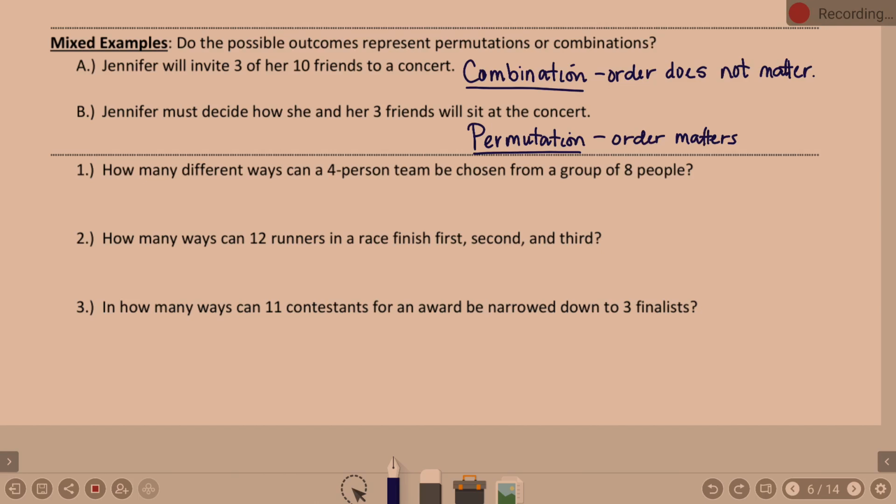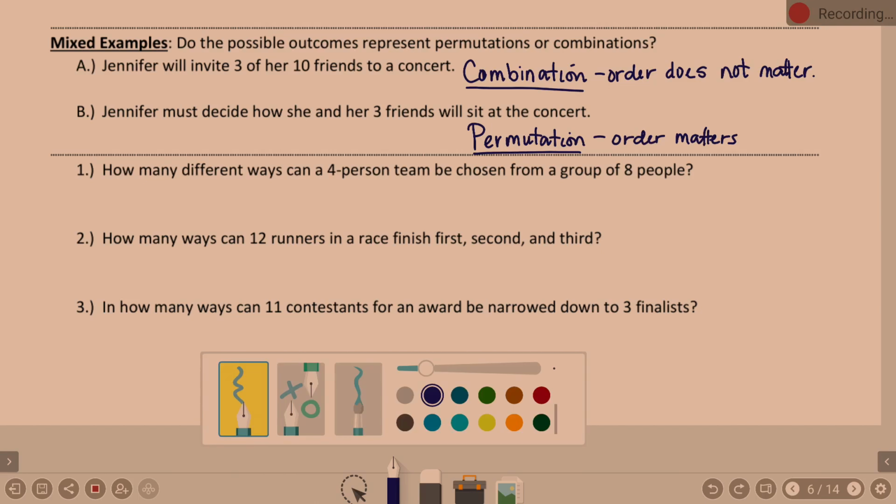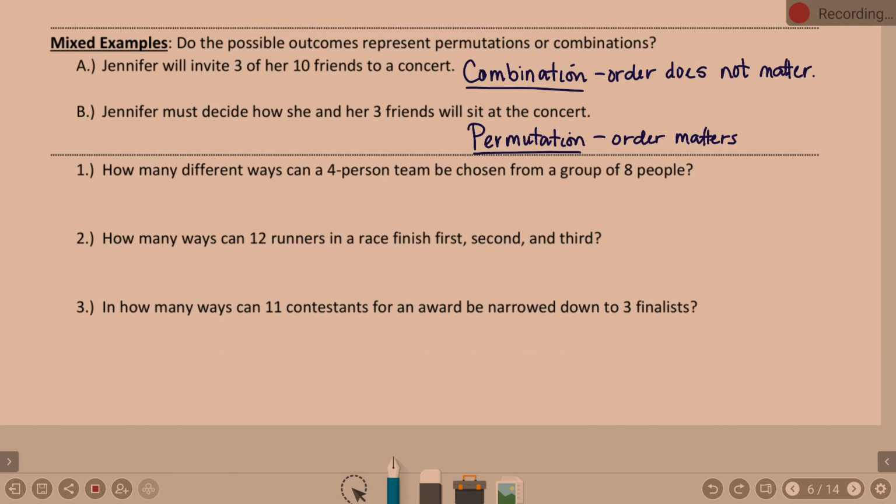Now, on the second set here, this time we're actually going to find some numerical answers. But we have to decide, is it a permutation or a combination before we actually do the math. So, how many different ways can a 4-person team be chosen from a group of 8 people?